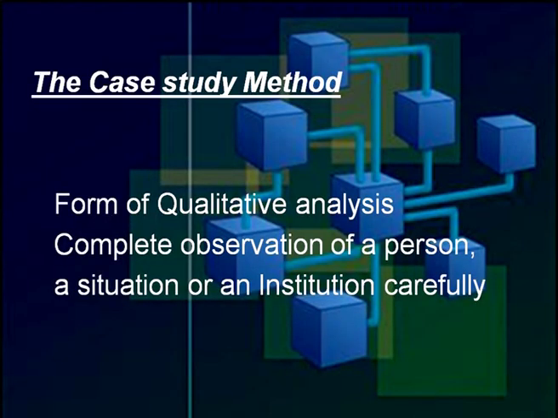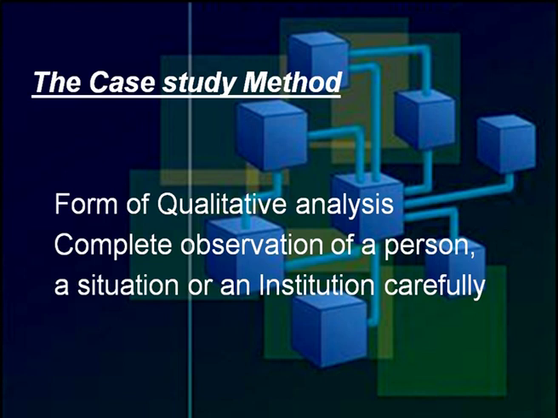Another interesting method adopted in sociology is the case study method. Case study method involves purely qualitative analysis. Under case study method, the sociologist completely makes an observation of a person or a situation or an institution.